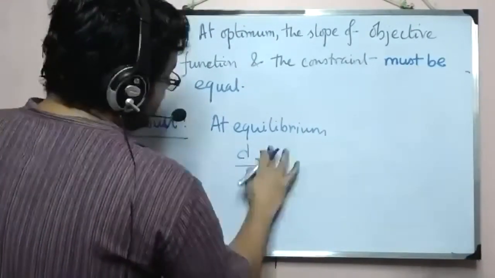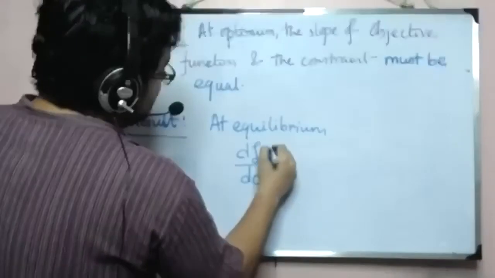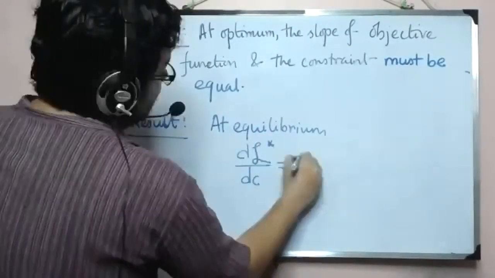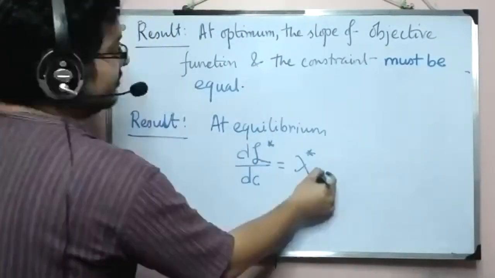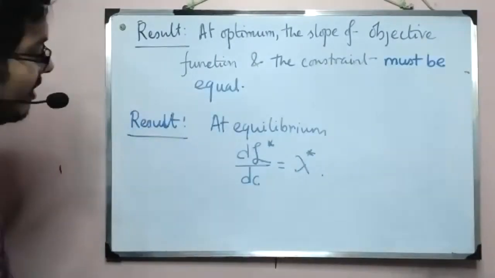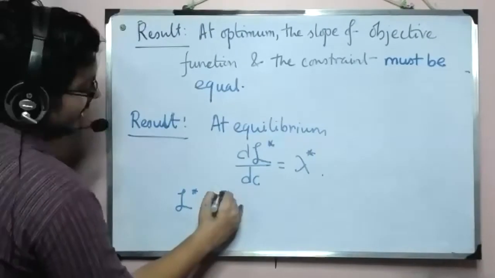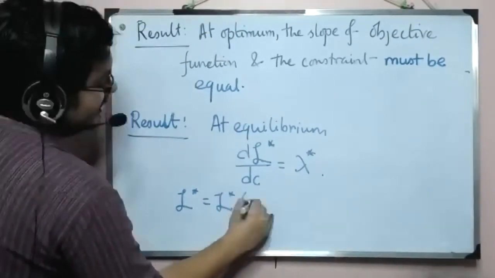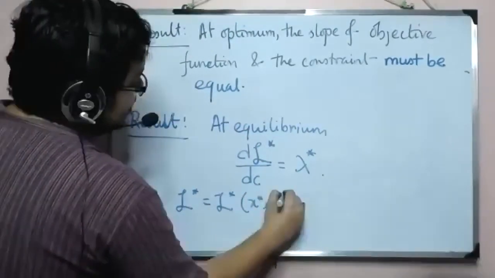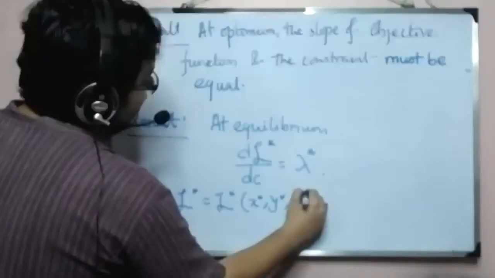Yes, that's the correct one. So d script L star dc is equal to lambda star. So at optimum, the script L star is basically the value of script L if I take the optimal values x star, y star and lambda star.